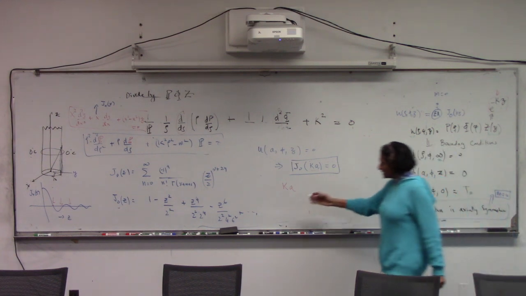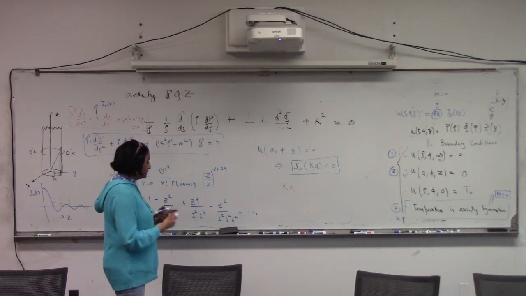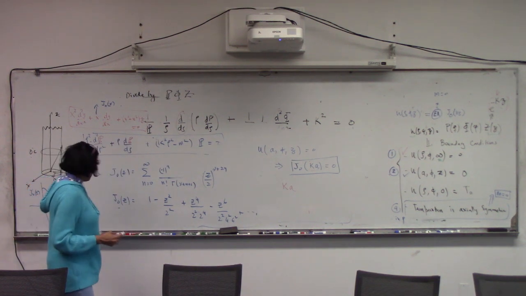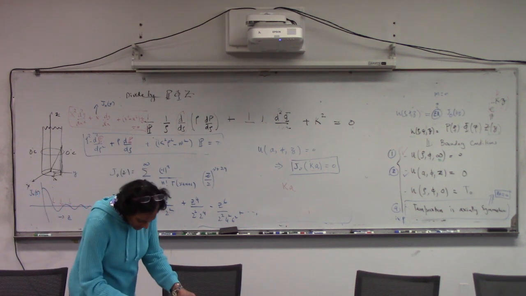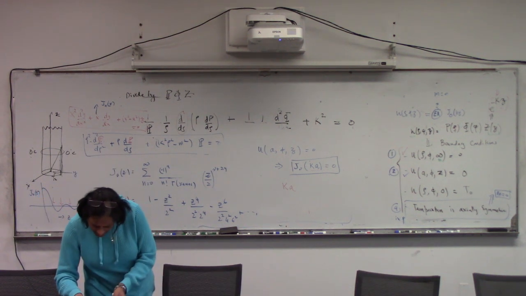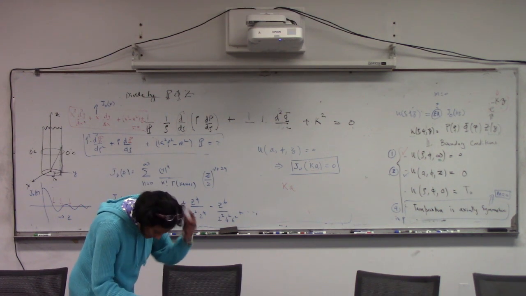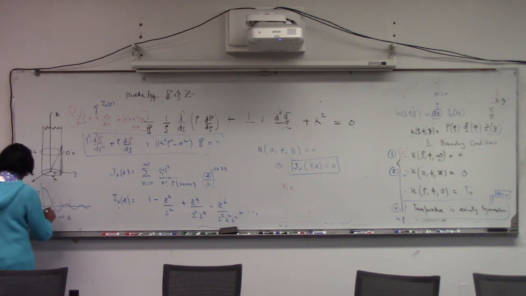Now it gives me further restriction. It allows only certain values of k for which this becomes 0. I know that by just plotting J naught x over x, and I believe I also said that in the class previously, where it becomes 0.